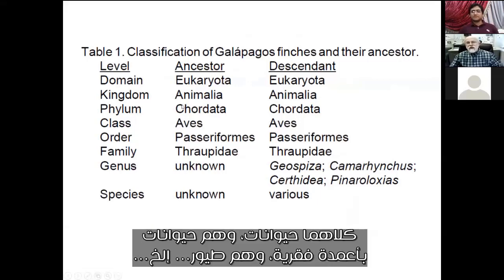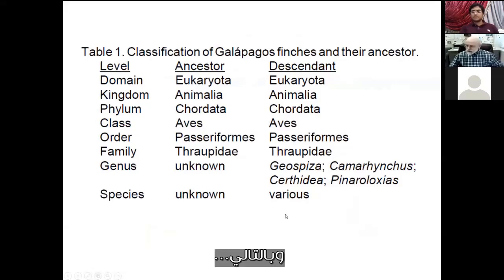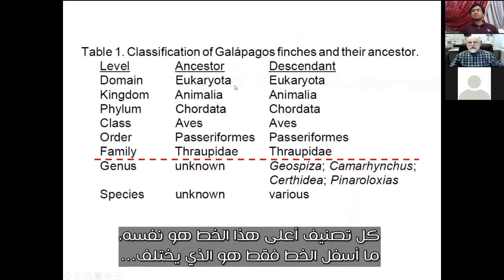That's the domain. They're animals. They're animals with backbones. They're birds, and so on. They differ only in the two smallest categories, species and genus. And so everything above this line is the same. Only below the line is different.